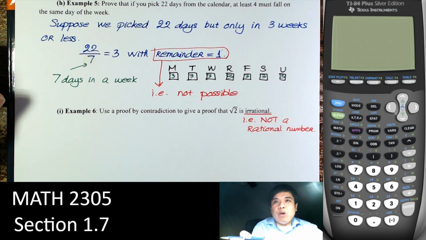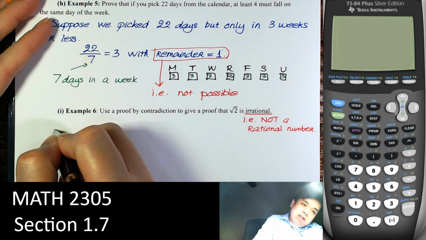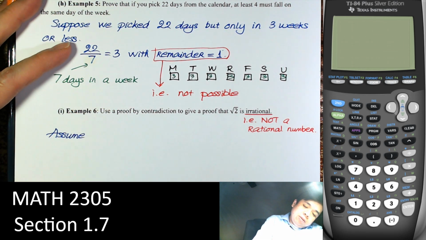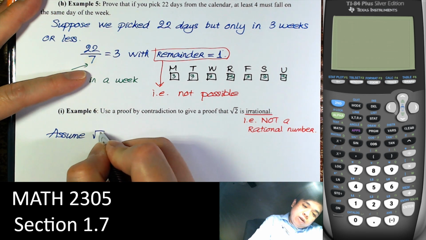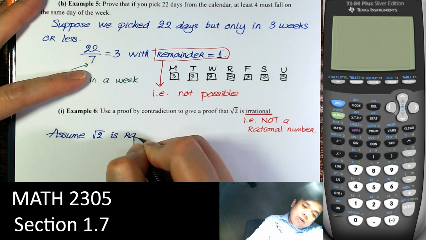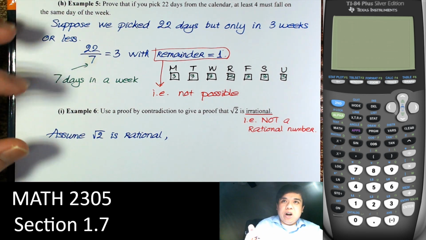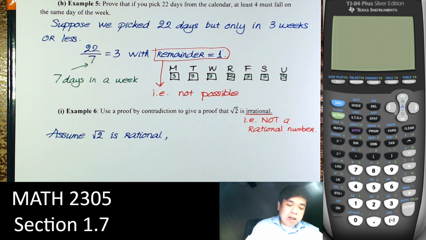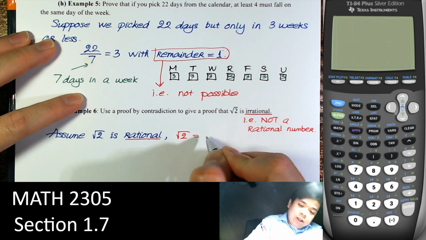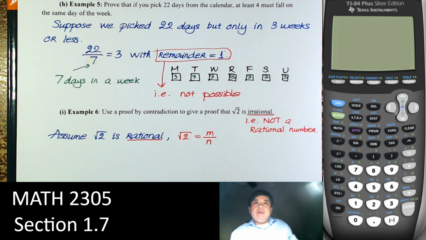With proof by contradiction, we assume the opposite. So assume to the contrary that the square root of 2 is rational. If it is a rational number, it is written as a ratio, right? We talked about this.